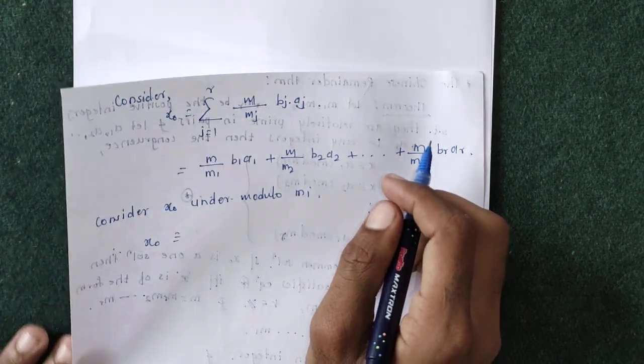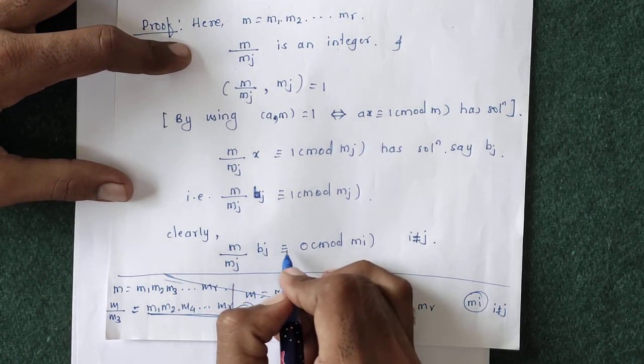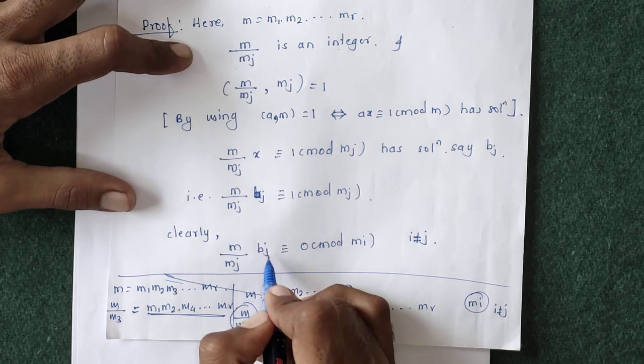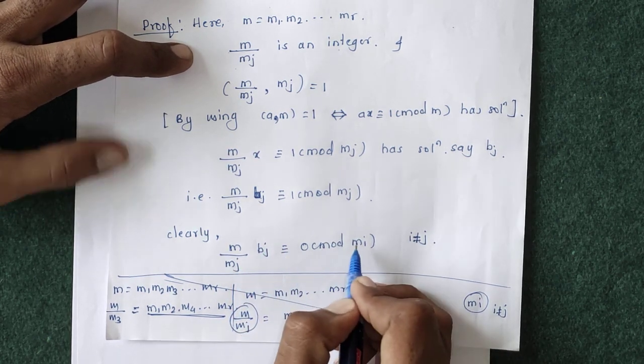Since by equation number 2, m by mj is congruent to 0 modulo mi for i not equal to j.